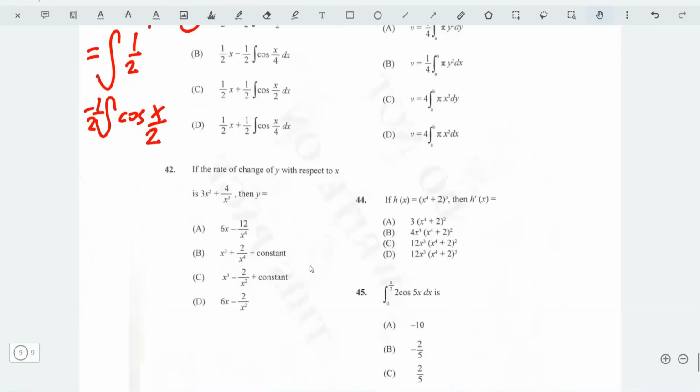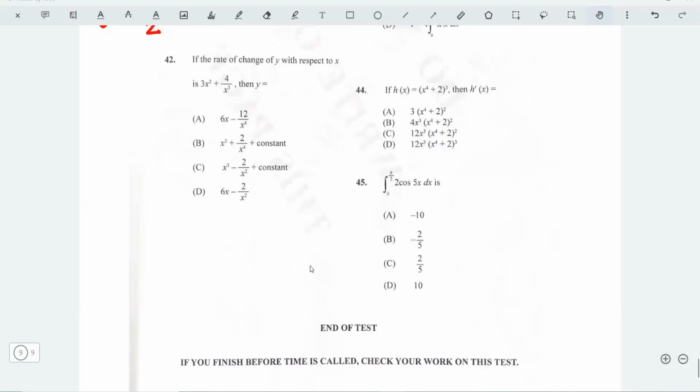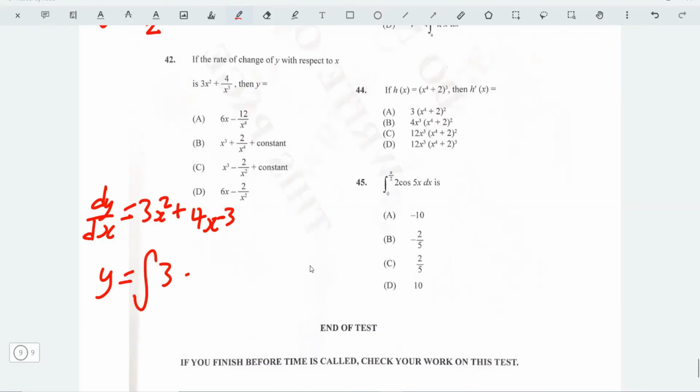Question 42. If this is the rate of change, so they're giving you dy dx. So dy by dx is 3x squared plus 4x to the negative 3. So y is equal to the integral of 3x squared plus 4x to the negative 3.